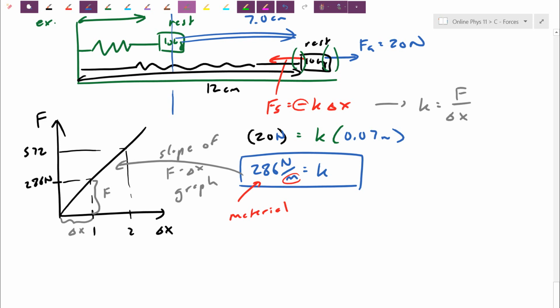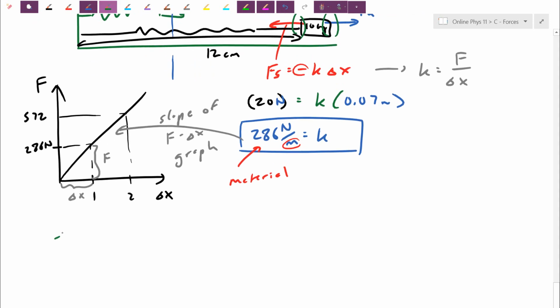One important note here is Hooke's law is nice, right? It's a nice simple formula. Hooke's law actually only applies to small forces, there's a limit to it. Any of you that have had a slinky or a spring before can find that if I pull it way farther than it wants to be, it just starts getting unwound, and I'm pulling it really hard and it's not able to come back.